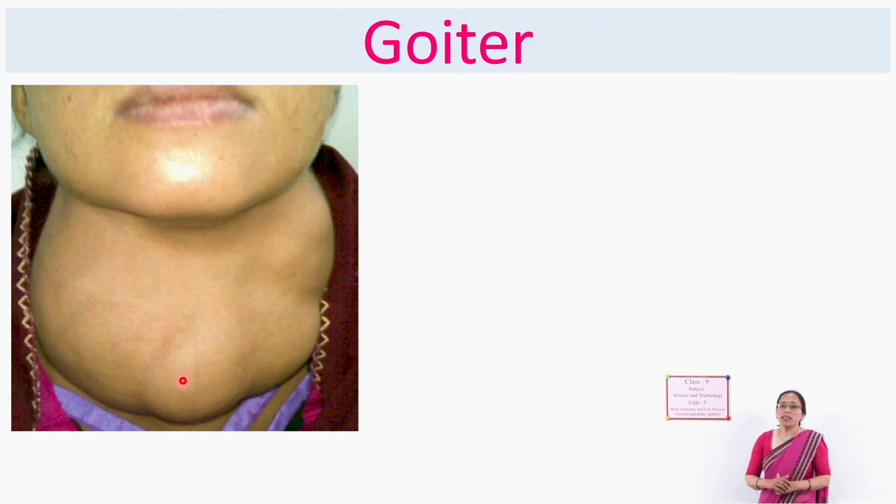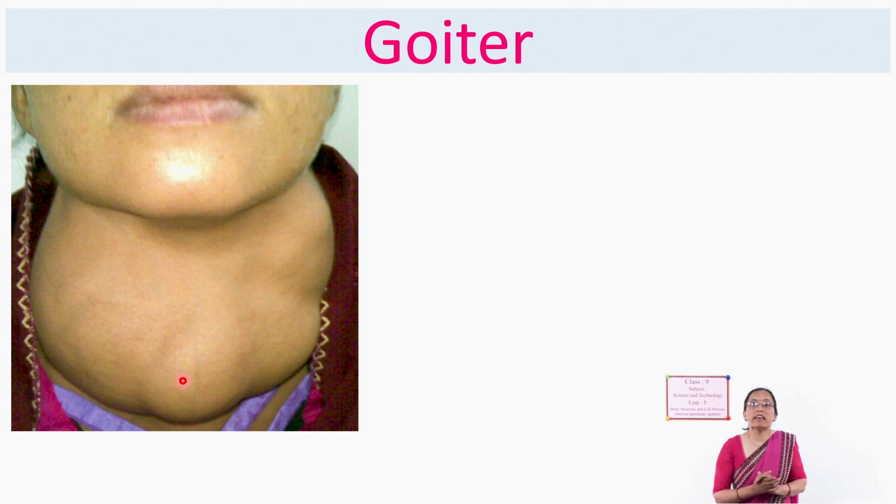Okay, some problems related to the thyroid gland we see in our society too. The government also prefers iodized salt. Have you seen different ads? Have you heard of iodized salt? Why?